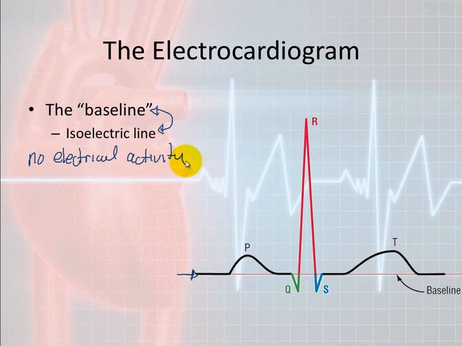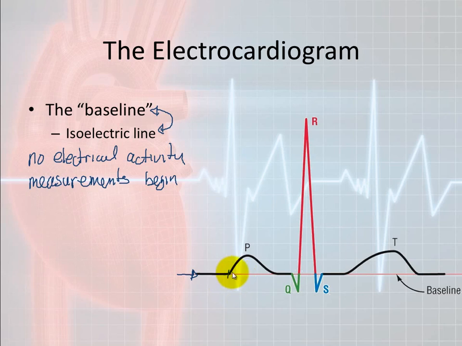What's important about baseline is that this is where a lot of our measurements begin. So if you want to find a P wave, for example, you have to start with the first rounded bump starting from baseline.